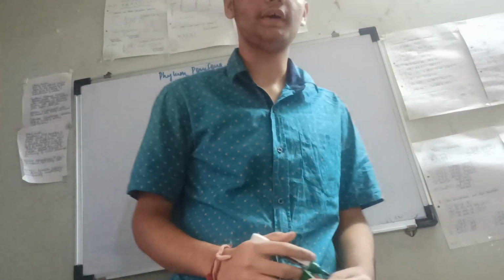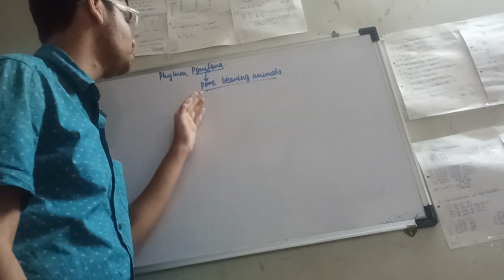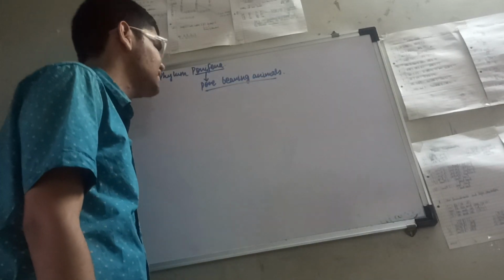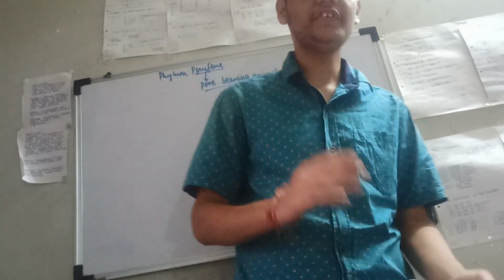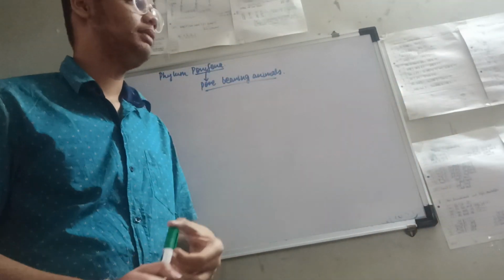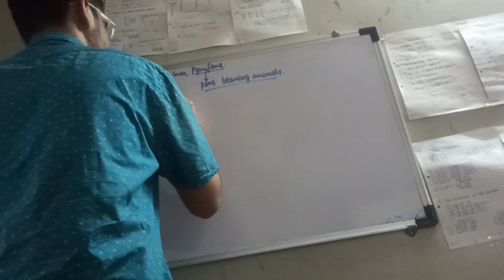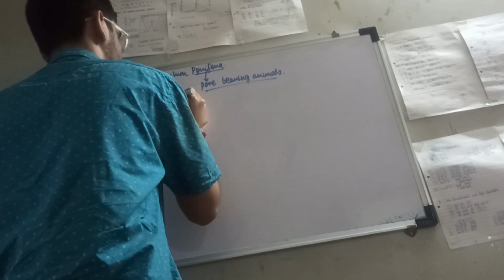From the word Porifera, we mean that they are pore-bearing animals. So the word is clear, and it is the first phylum, and from it you can understand that it is quite primitive.